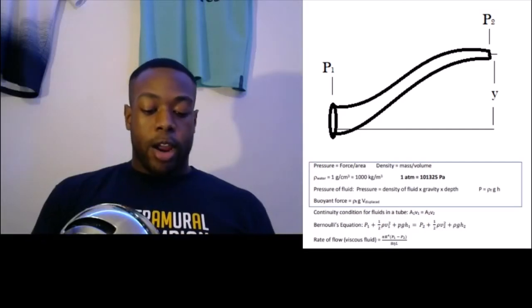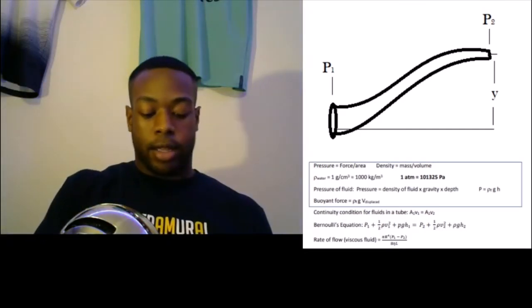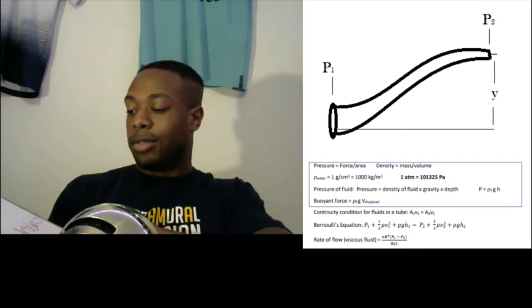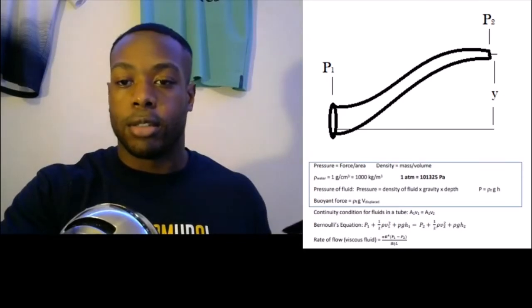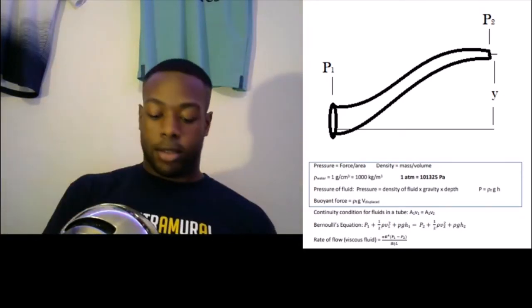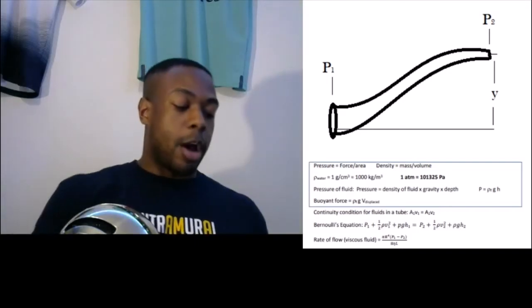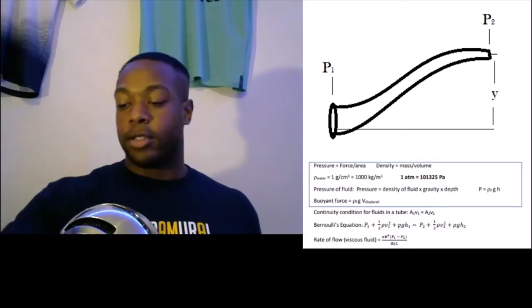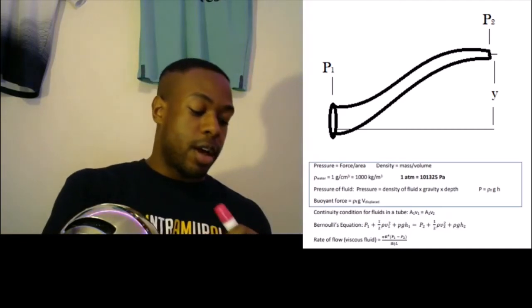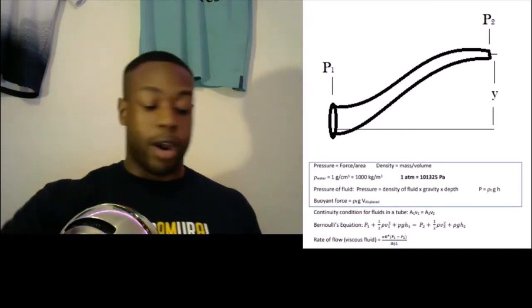So our area for our lower point, I believe it was 0.03, let me check. 0.03 meters is our radius. The area of a cross-sectional circle is going to be pi r squared, so pi times 0.03 squared.